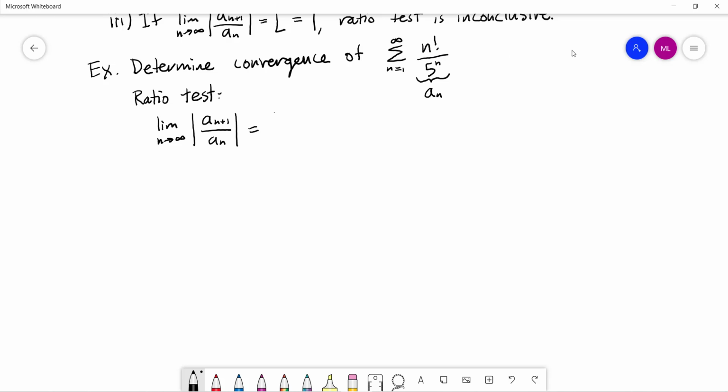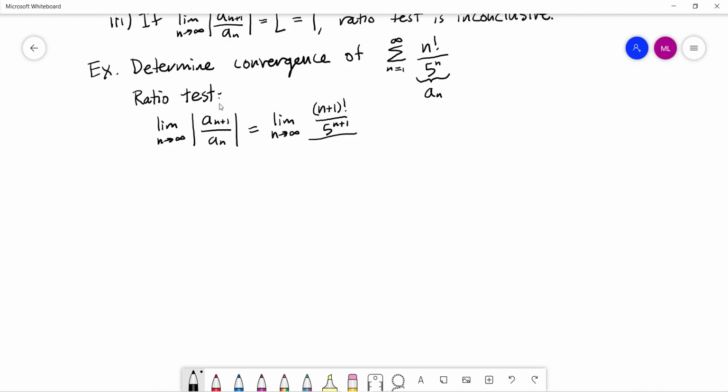So it's going to look like the limit as n goes to infinity of, on top, this term is positive. Factorial is positive, this exponential is positive, so I don't need to carry around these absolute value signs. I'll drop them. But in the numerator, I'm going to get n plus 1 factorial over 5 to the n plus 1. So that's my a sub n plus 1 term.